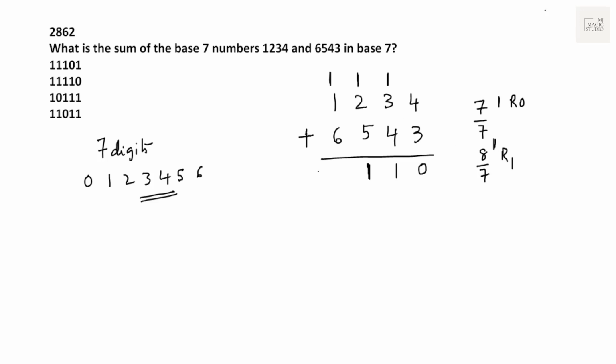Again the quotient is 1, which is carried over, and nothing else is there, so I'm writing the carryover here, and the remainder remains 1. So when we add both these numbers in base 7, we get 11110 in base 7. 11110 is in option B.